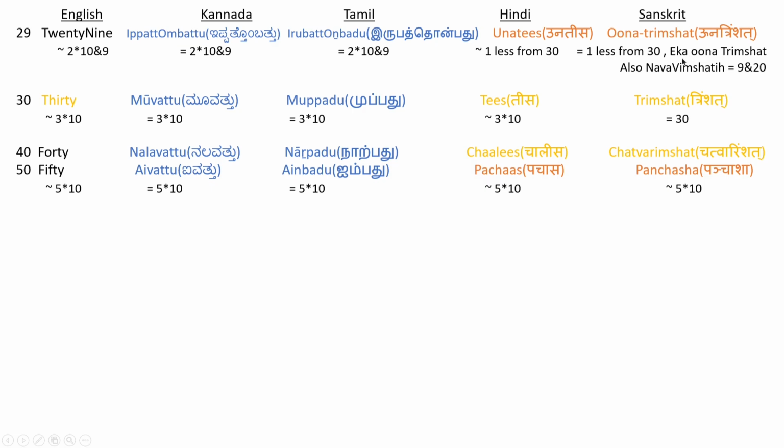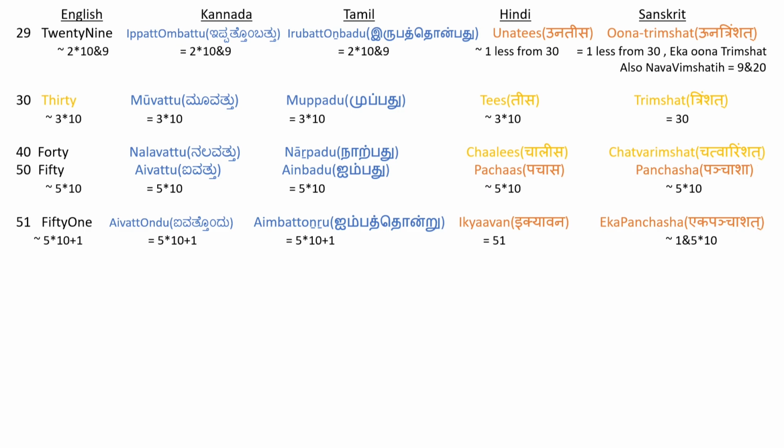But these are all unique words, like trimshat, chatvarimshat, and even 60, 70 and all. They have unique words grouping by 10 system. So we can see some clear derivation of these words in Hindi from Sanskrit. Like 51 becomes ikyavan, but there is no n sound in pachas, the 50 in Hindi, but the n sound is there in panchasha. So it's mixed up here and there.